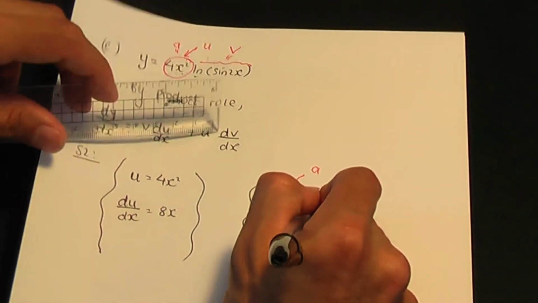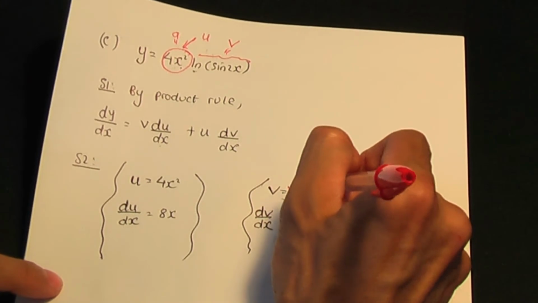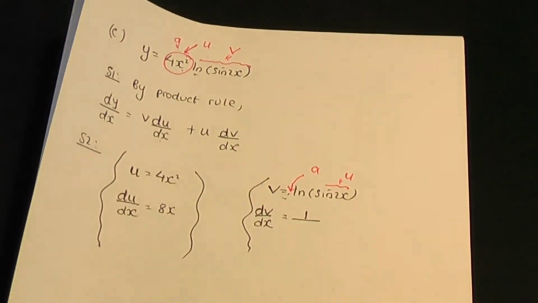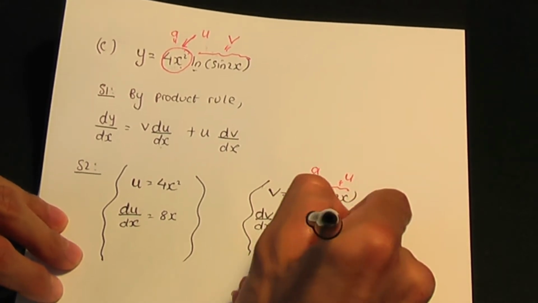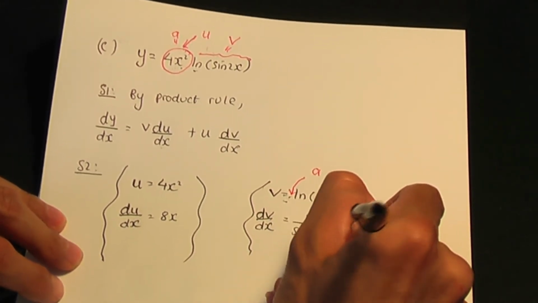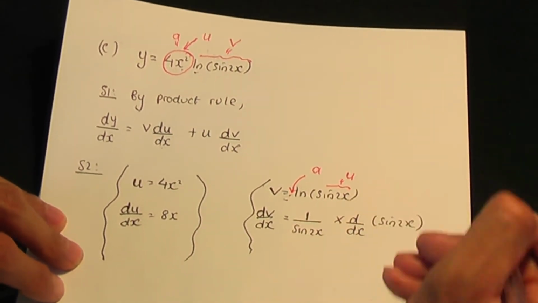So in this case, it's going to be 1 over u, where the u term is sine 2x, times d by dx of the u term, which is sine 2x.